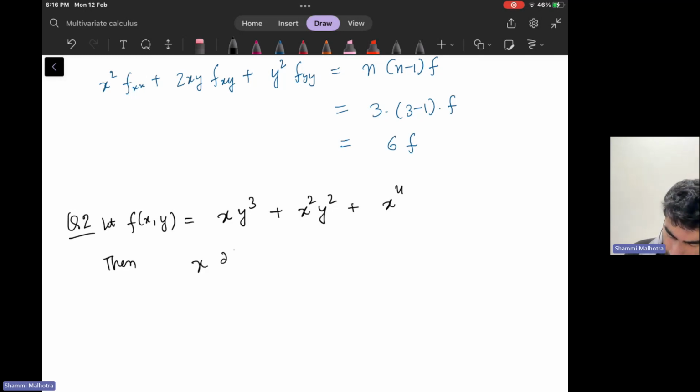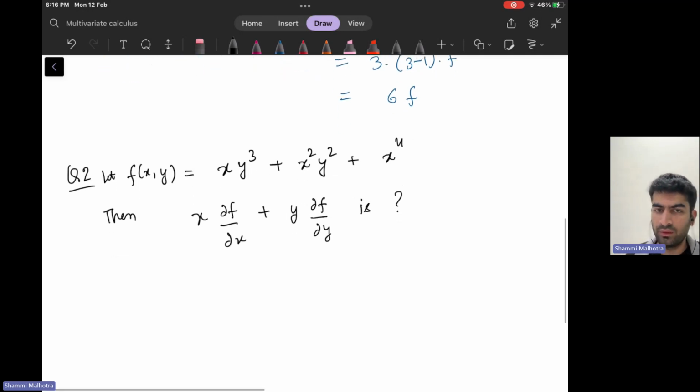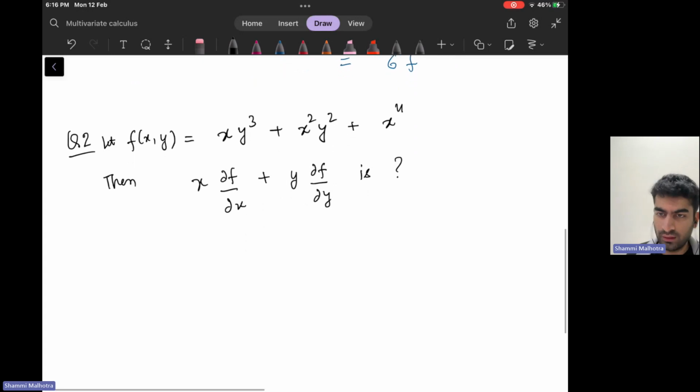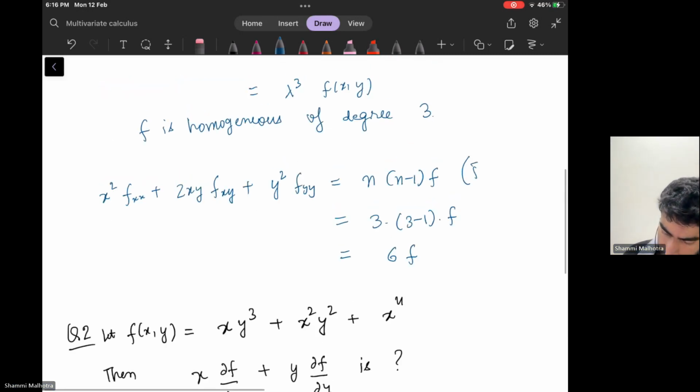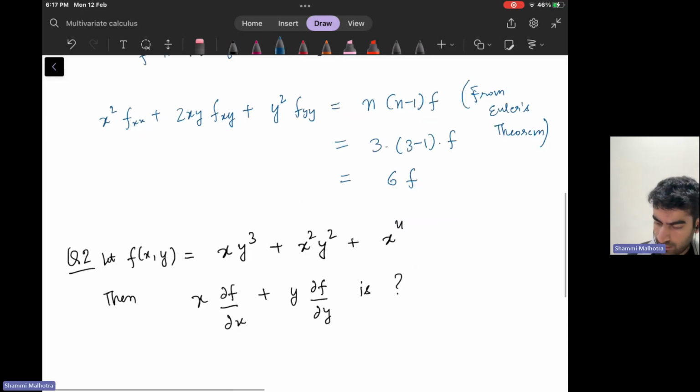Then x del f by del x plus y times del f by del y is? So we can evaluate this directly, but even though it's easy to compute in this case, let us apply Euler's theorem.